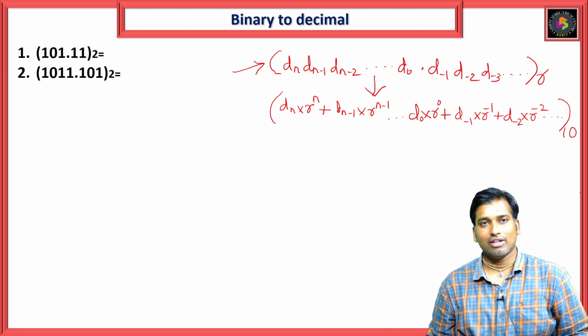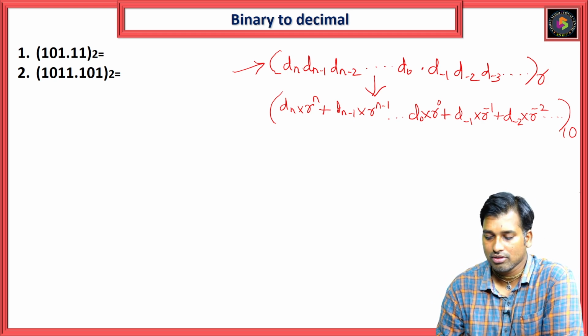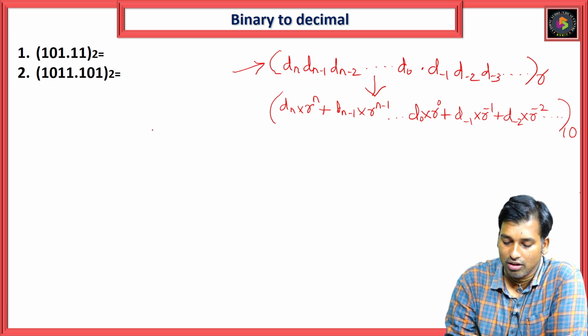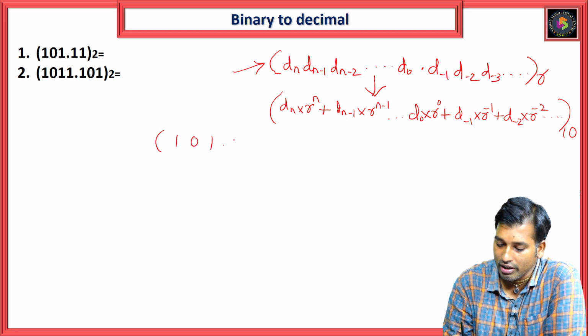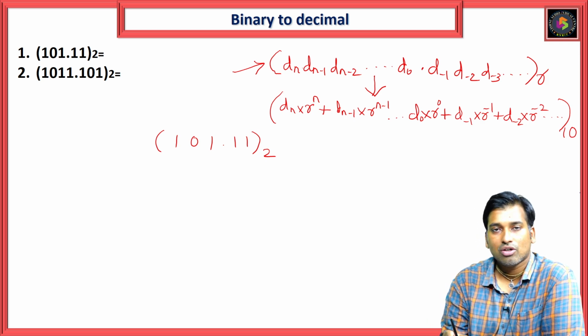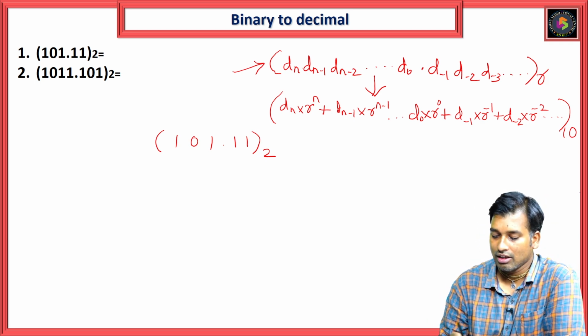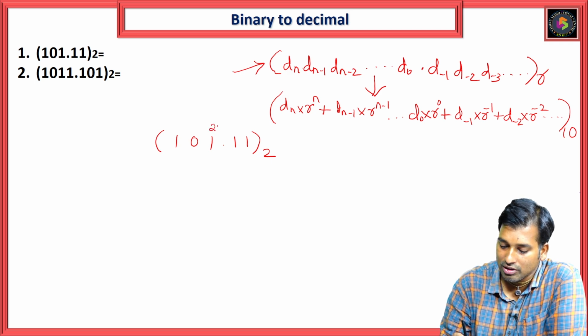So let us try with a binary number system. So how do we convert? Now take the binary number 101.11 base 2. As I said, each of the digits has its weight. Here base is 2. So the weights are 2 power 0, 2 power 1, 2 power 2.